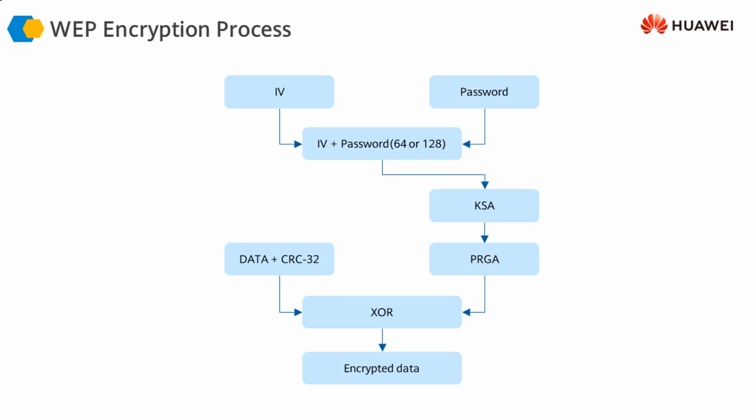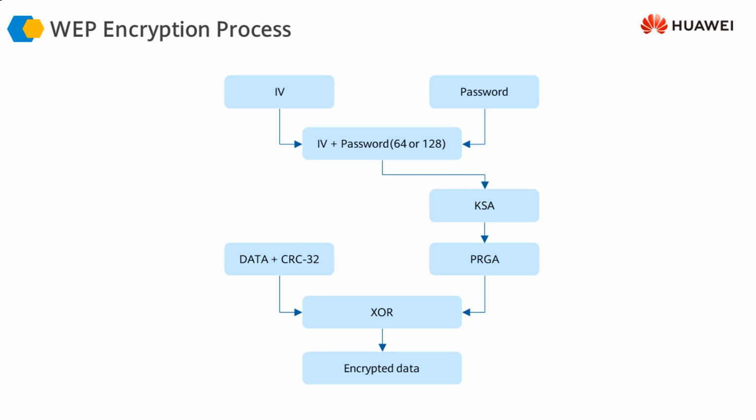Those of you with sound theoretical foundation of networking would know what XOR or exclusive OR does. The truth table of exclusive OR is 0, 1, 1, 0. So the output is 1 only if one of the inputs is 1. If both the inputs are either 0 or 1, the output would be false, or the output would be 0.